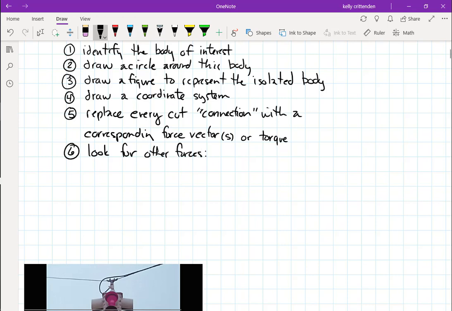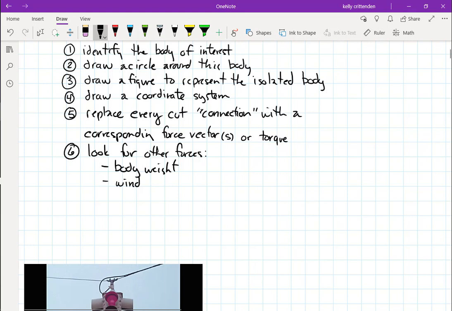Things like, in particular, body weight. Sometimes the weight of whatever it is that you've isolated actually matters. There are other things that could matter. Maybe there's a wind load, like on a sign on the side of the road or the face of a building.